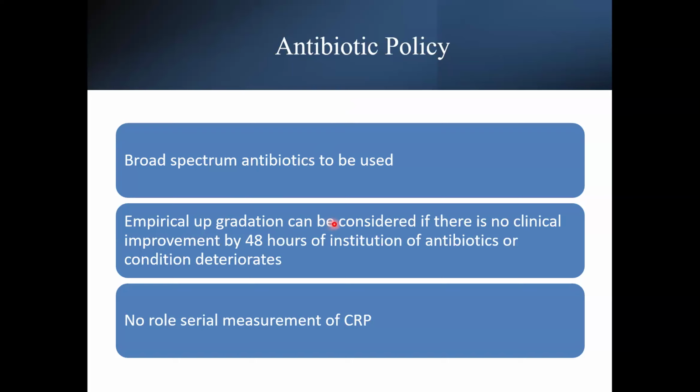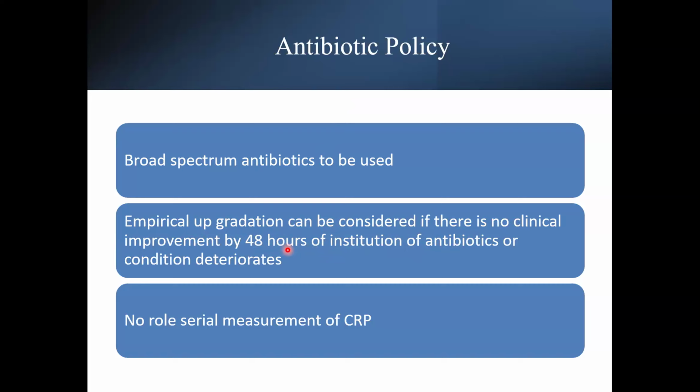So empirical upgradation may be considered if there is no clinical improvement by 48 hours of antibiotics or if the condition is worsening. We have to give at least a few hours time for antibiotics to work, right? So we usually wait at least 48 hours to see response to antibiotics.